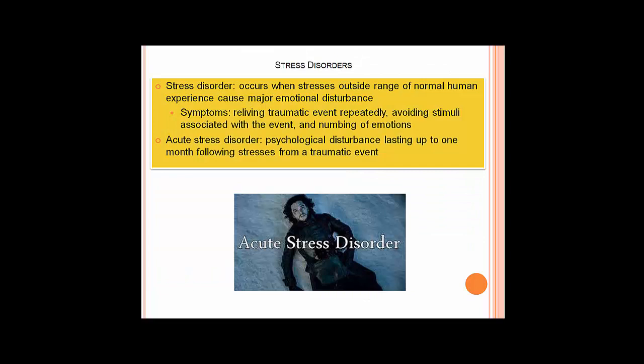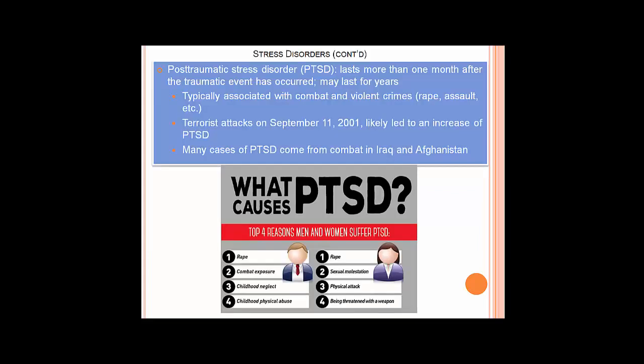Then there are things called stress disorders, and this stress is outside the range of normal human experiences. Post-traumatic stress disorder: reliving a traumatic event repeatedly, avoiding stimuli associated with the event. So just what is PTSD, post-traumatic stress disorder?